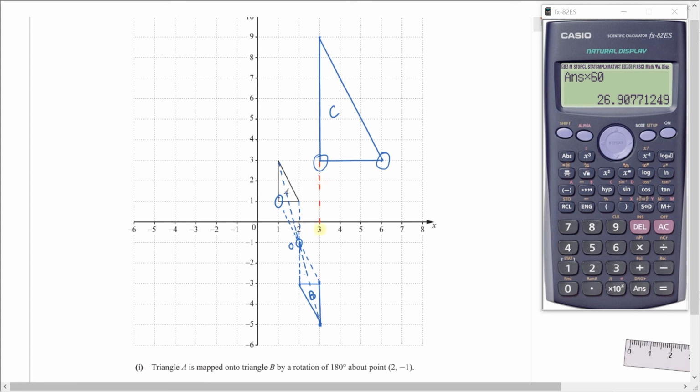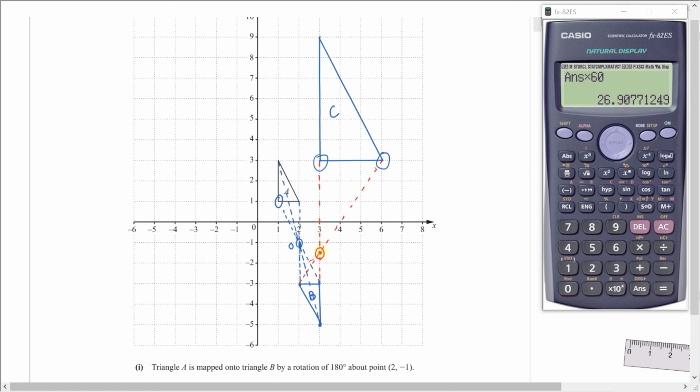So the object is being connected to the image. Similarly, this point here is mapped onto this point here in triangle B. So I will again connect the object, which is a vertex of triangle C, to this point here. This is the point of intersection of these two lines which are connecting the object with the image. So the point of intersection will give you the center of enlargement.